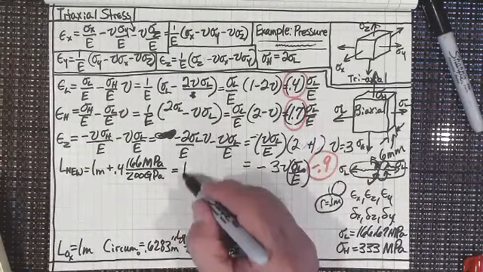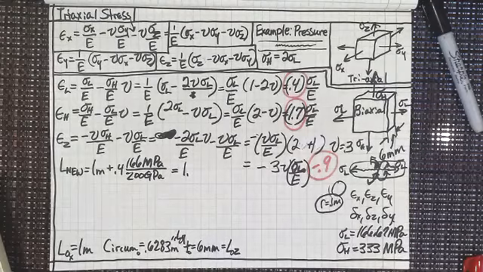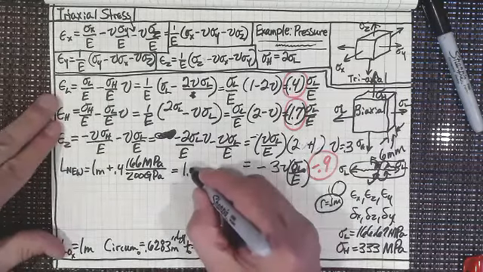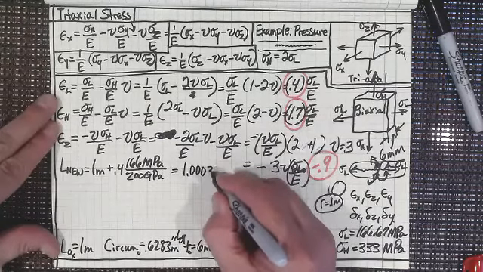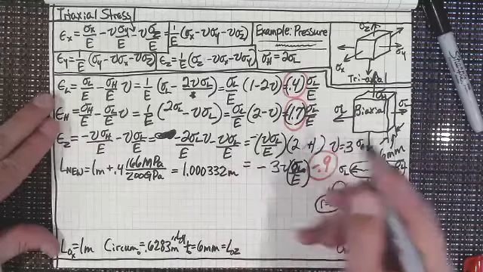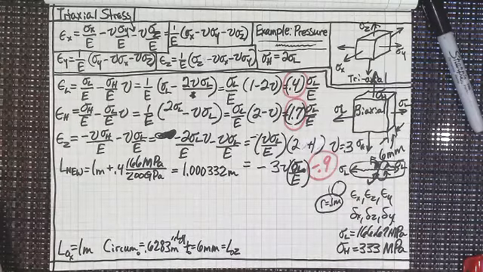That is 332 microns, or 0.00332 meters. So you can see that the scuba tank's not getting a lot longer.